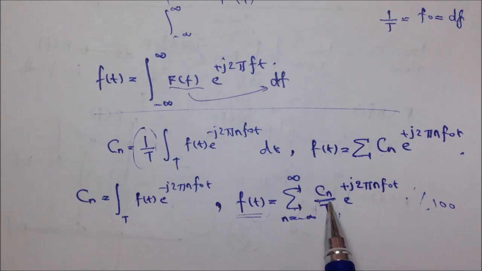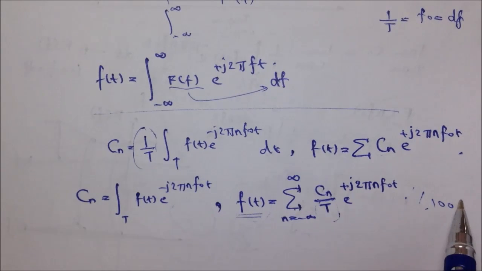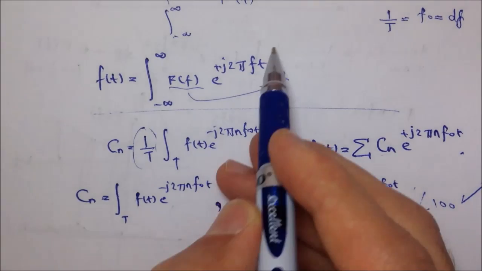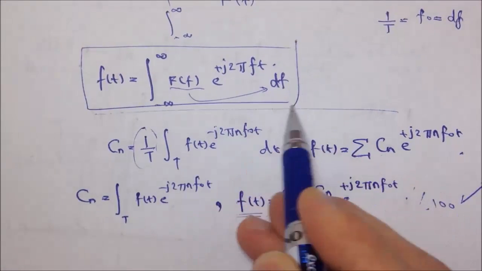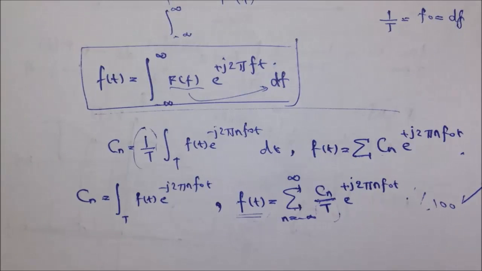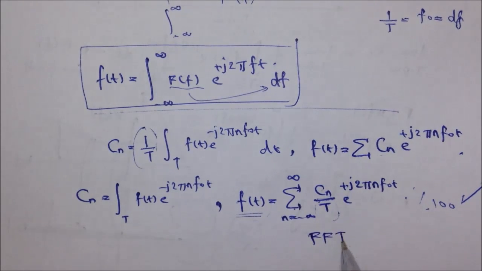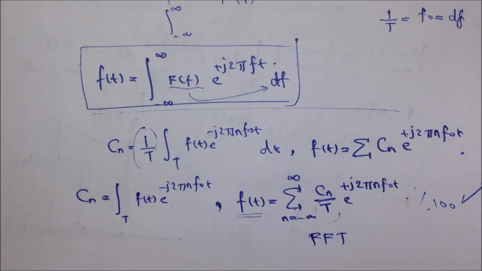So you can see here this normalization factor that was placed in the inverse formula. This is exactly what happened when we wrote the formula of the inverse Fourier transform. This also happens in the formulas of the fast Fourier transform. We will talk about them later as well.